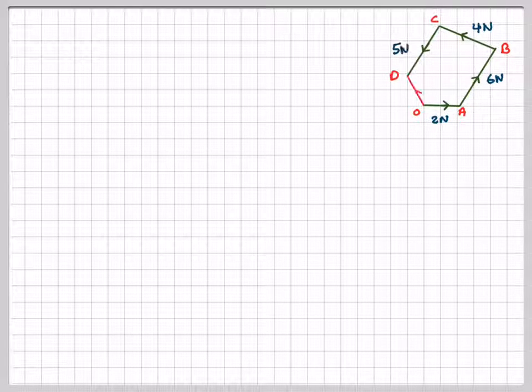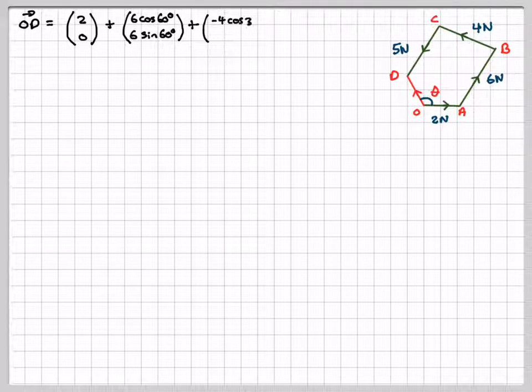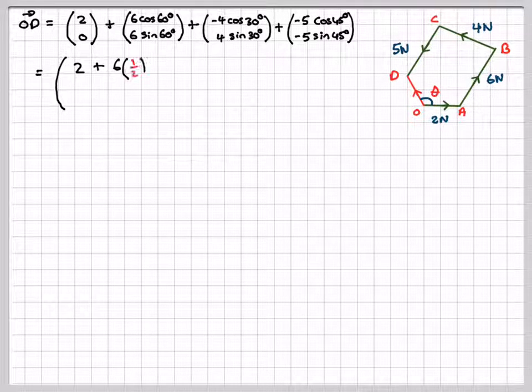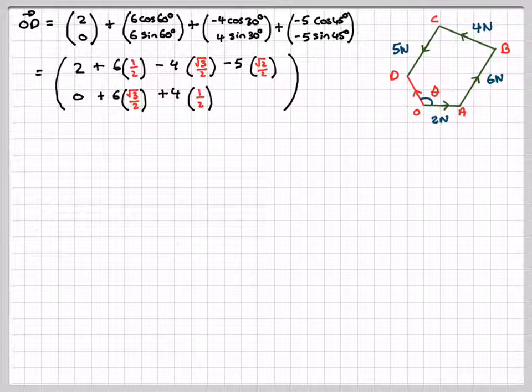So going over to the page, just drawing that diagram out again. Using your trig ratios, which you should have learned at higher level or standard level maths, this becomes 6 cos 60, so 6 times a half, minus 4 times root 3 over 2, minus 5 times root 2 over 2, that's cos of 45, and 0 plus 6 sine 60, so 6 root 3 over 2, plus 4 times sine of 30, which is a half, minus 5 times root 2 over 2.